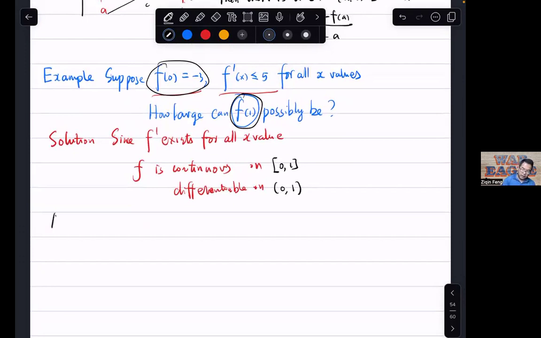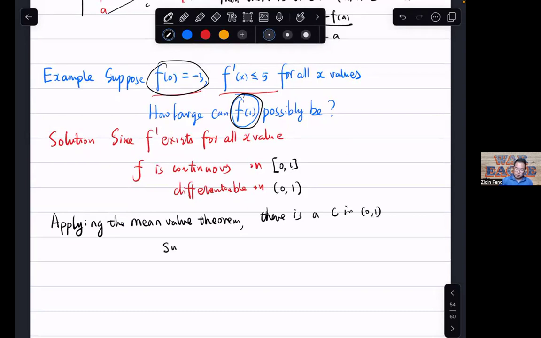So applying the mean value theorem, there is a c inside (0, 1) such that f of 1 minus f of 0 over 1 minus 0 equals f prime of c.